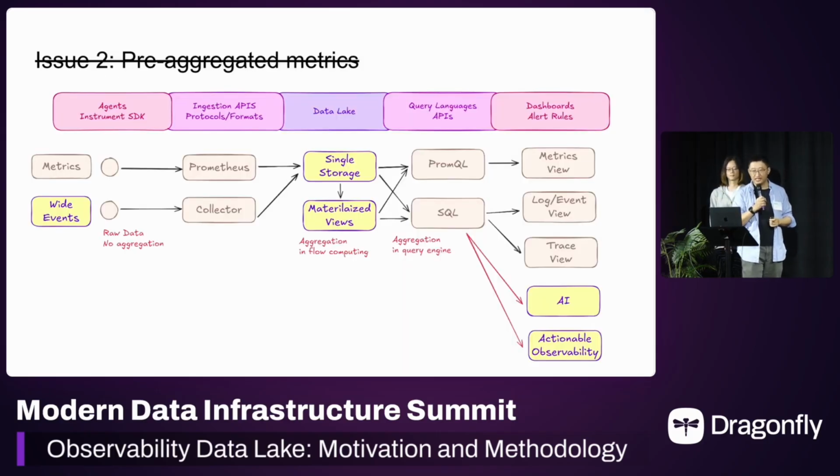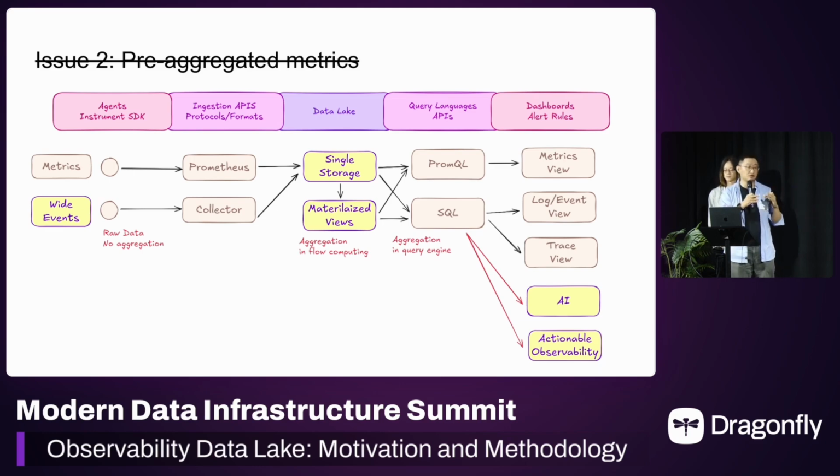Second, the pre-aggregation issue is also addressed because we no longer do aggregation at the data source. All the aggregation will happen in the data lake. It can be done by the query engine, where we can use SQL to aggregate data. We can also use materialized views, the in-database flow engine, or a streaming engine to speed things up. This adds more capabilities and possibilities for AI applications and also actionable observability tools.